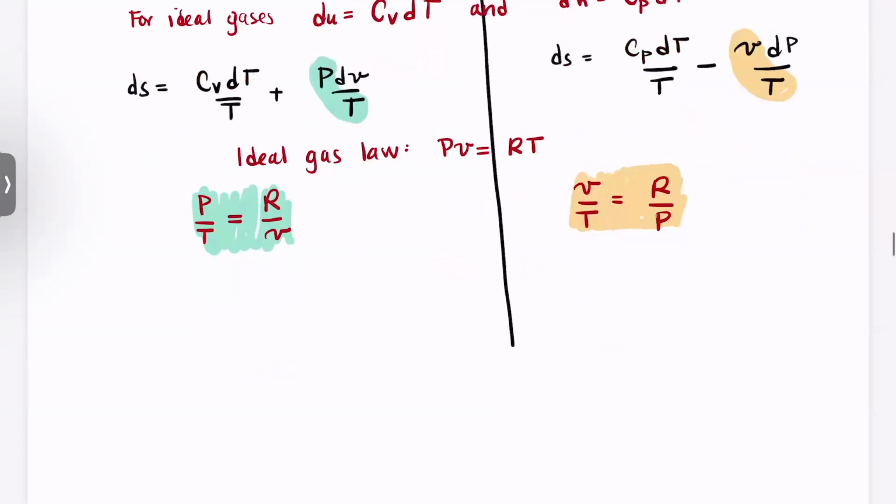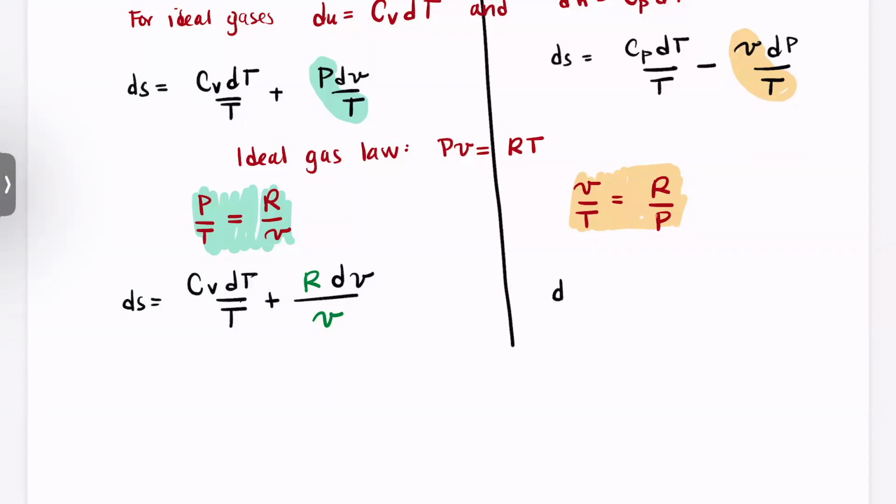So what I have is ds is equal to Cv dT over T plus R over V dV.